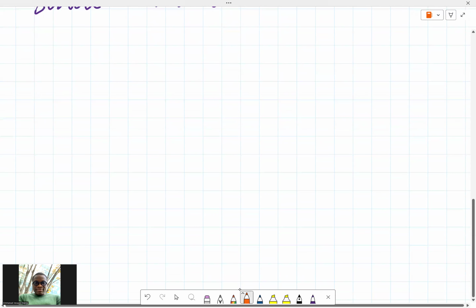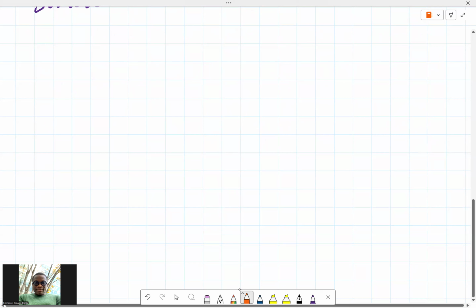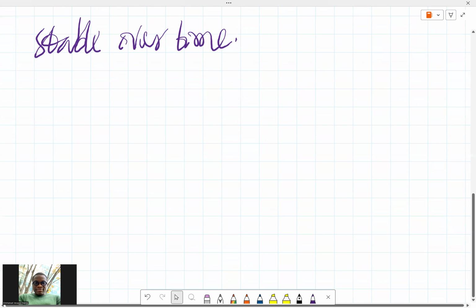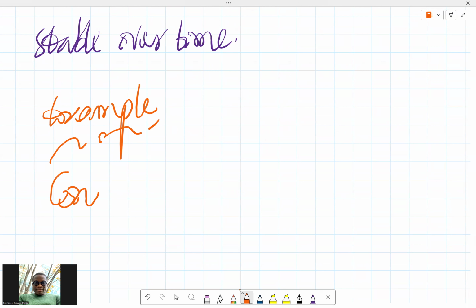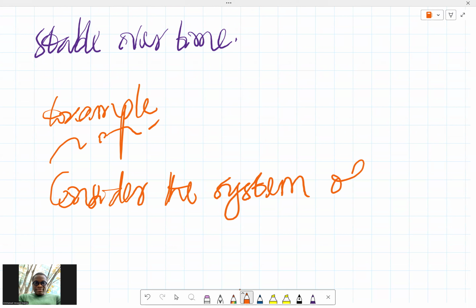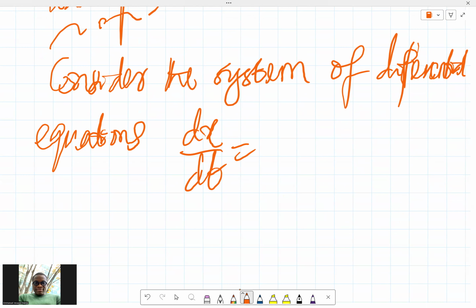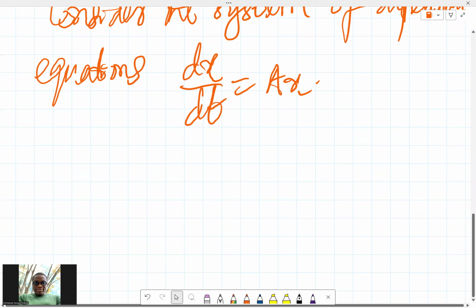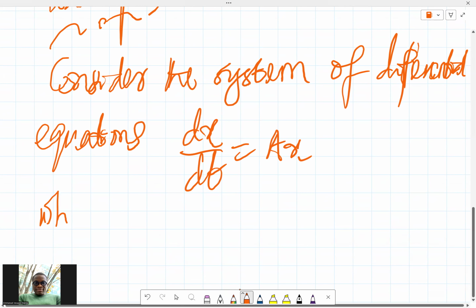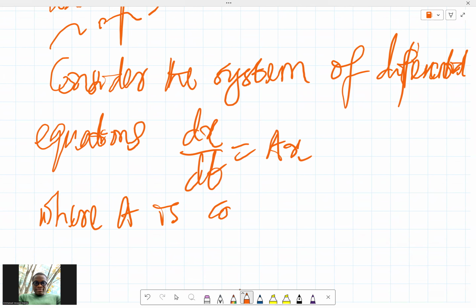Okay, so of course the objective here is to learn how to use eigenvalues to analyze the stability of systems of differential equations. So let's take an example of what we intend to do. Consider the system of differential equations, dx/dt equals Ax, where A is a constant matrix.